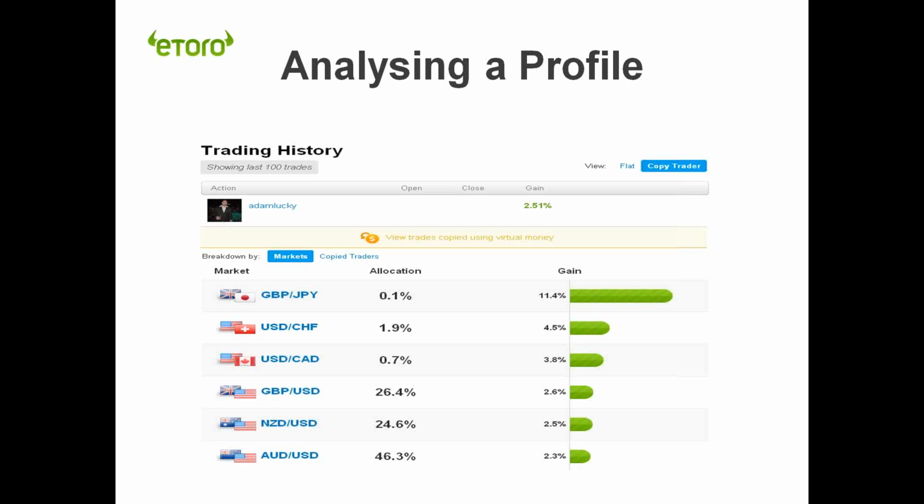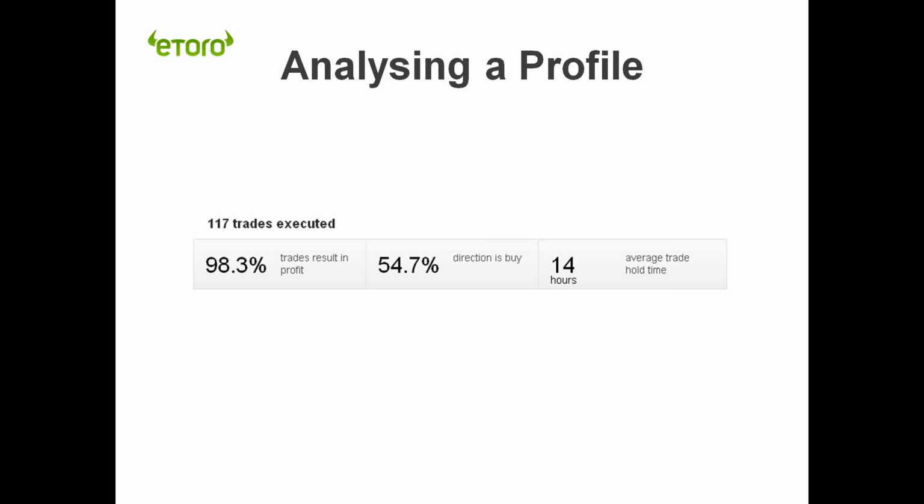When you're looking at a couple of traders, you don't really want to be overexposed to the same trader twice, unless you like the trader and you're happy to be exposed twice to the same trade. It's a copy of a copy, if you like. If I decided to copy Adam Lucky and all of you decided to copy me, every time he did a trade, I'd do a trade. So if you decided as well to copy Adam Lucky, you'd be exposed to him twice. So it's something you want to look at whilst going through.